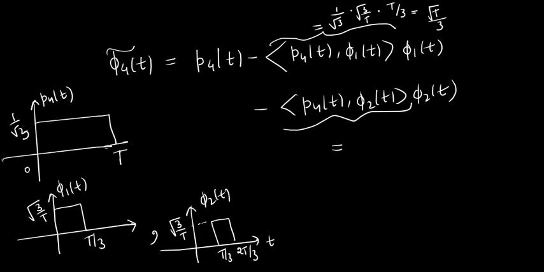P4T and this inner product, if you do it, 1 by root 3, root 3 by 2 multiplied with t by 3, and you will have, I am just integrating, whatever is the definition of inner product. So I am doing that. So root 2 by 3. Yes or no?